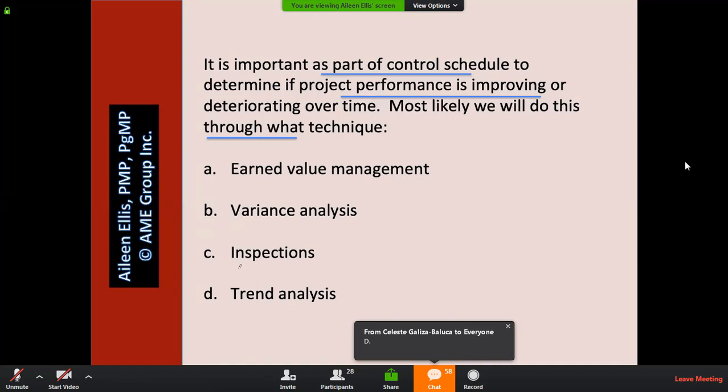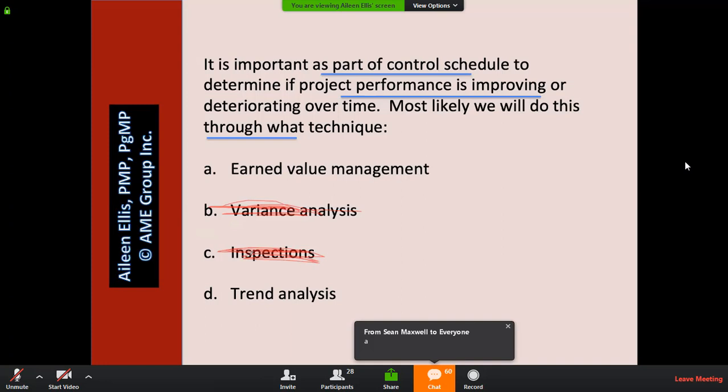We're trying to see if performance is getting better or worse. Answer B is variance analysis. That's not the answer we want. Variance is how are we varying from the plan. Inspection certainly is not the answer we want.